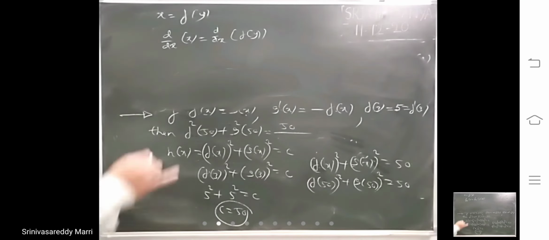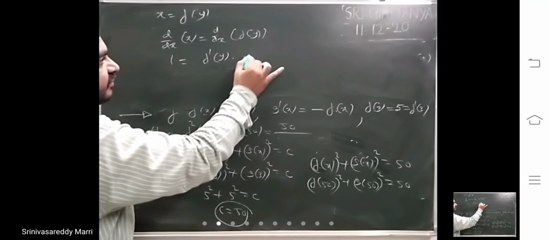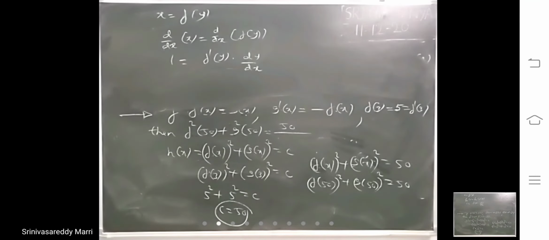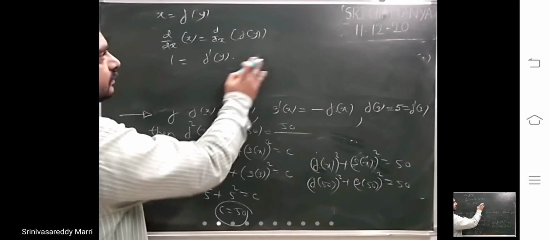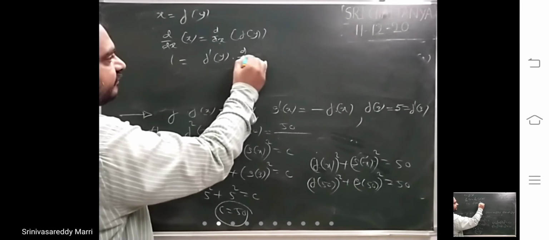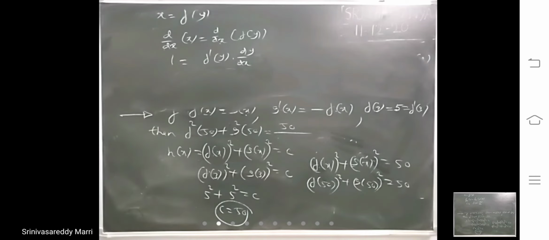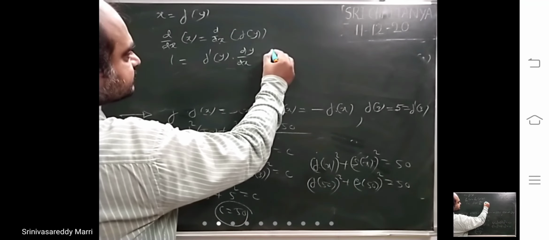Now d by dx of f of y: first do the derivative of this, f dash y, into dy by dx. So that means dy by dx.